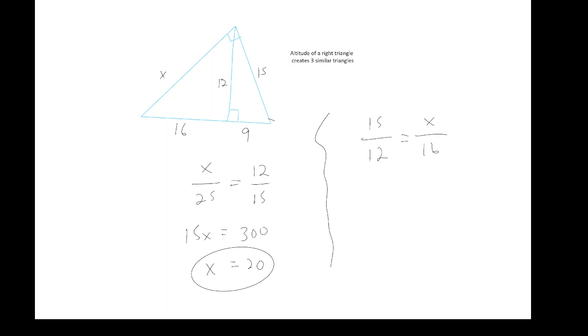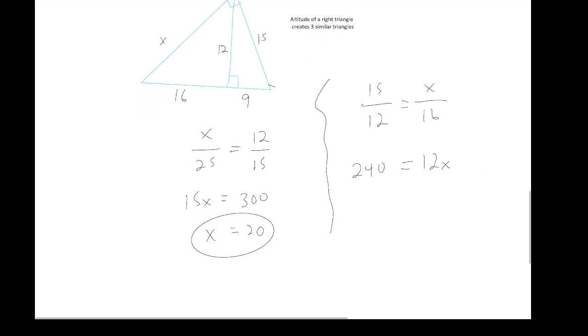So 12 times x is 12x, 16 times 15 is 240. Is that right? Yeah, 15 times 8. Okay, yeah. There you go. That's it. I mean, divide both sides. It's going to be 20. It's that straightforward.